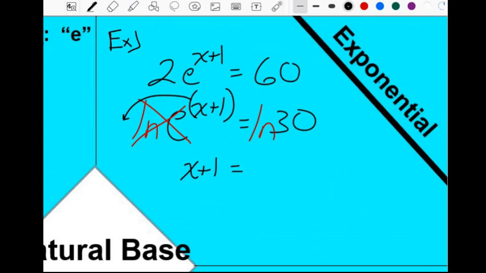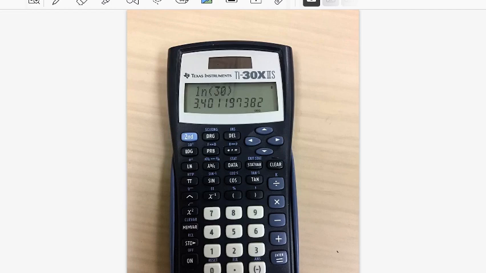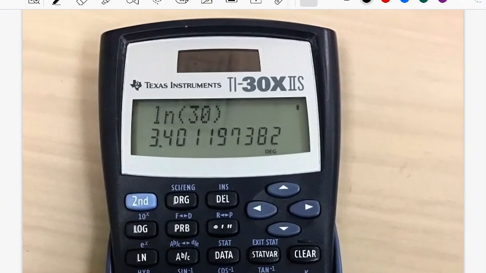The ln of 30 is something you're going to have to type into your calculator using the ln button. So go ahead and see if you can find the ln button on your calculator. You should see on most of the calculators that you use that it's right underneath the log button, but it's a special button. It's the ln.